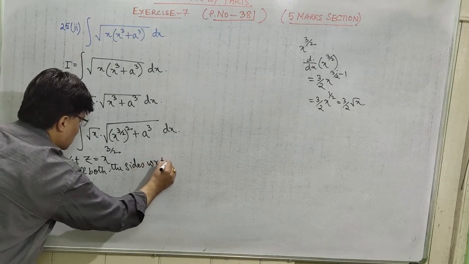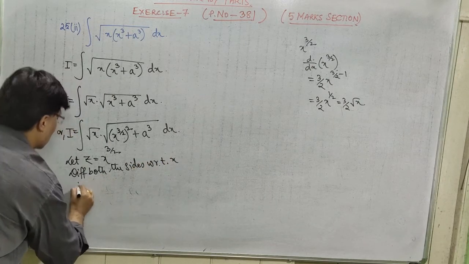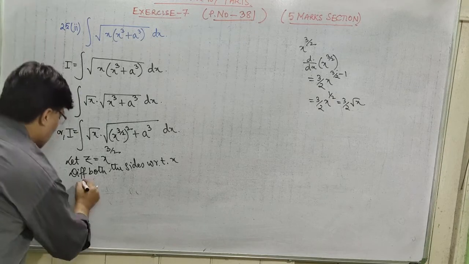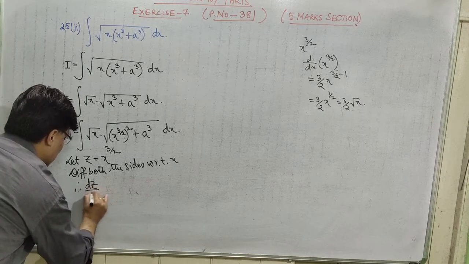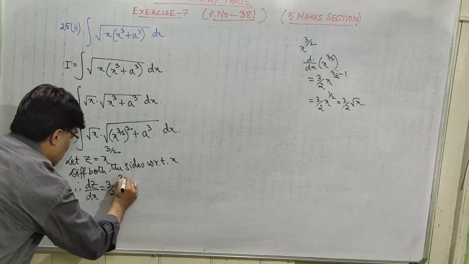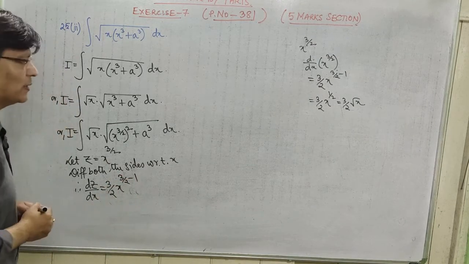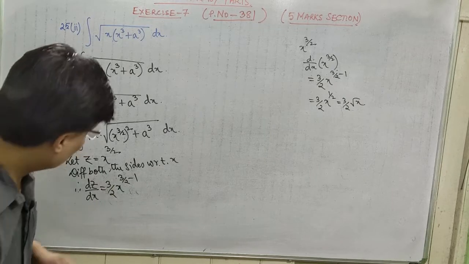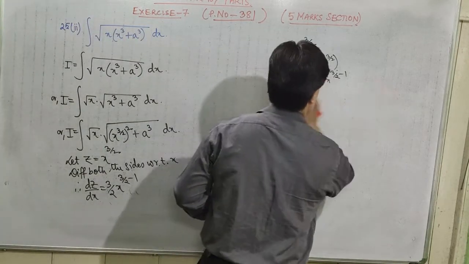So let us differentiate both the sides with respect to x. Therefore dz by dx is equal to 3 by 2 x to the power 3 by 2 minus 1, right? So let us simplify it further now.